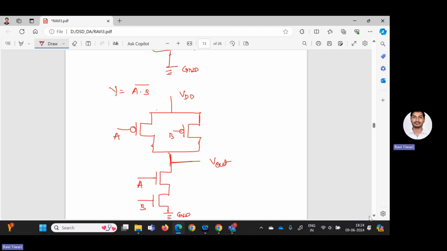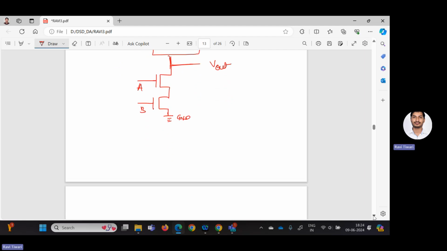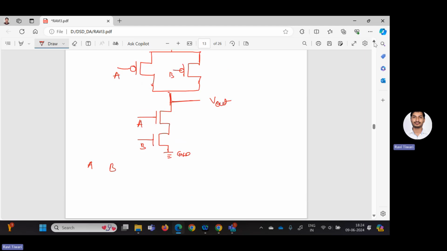Now you can again check the functionality here. For that, you have to take A, B, and as here we are having the four MOSFETs, assume this is Q1, this is Q2, this is Q3, and this is Q4. And we have to check the output, V out. As we are having two inputs, there will be four combinations: 0 0, 0 1, 1 0, 1 1.